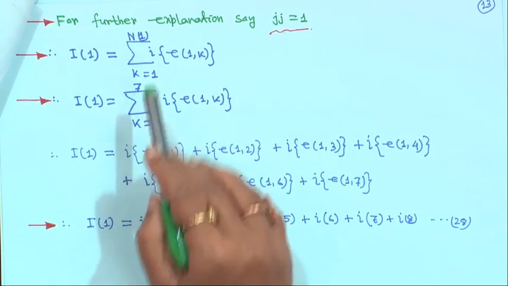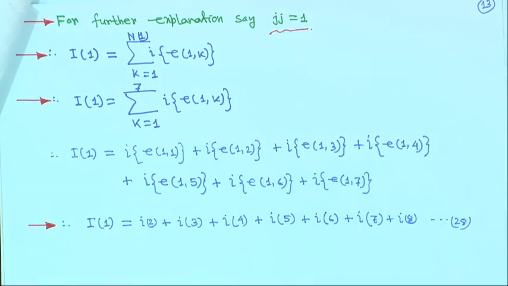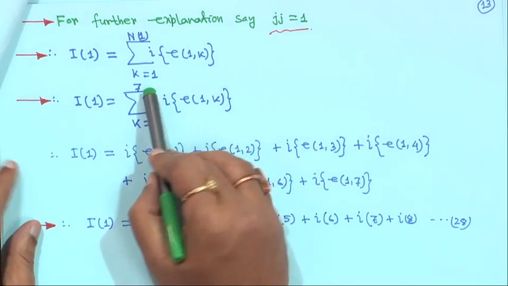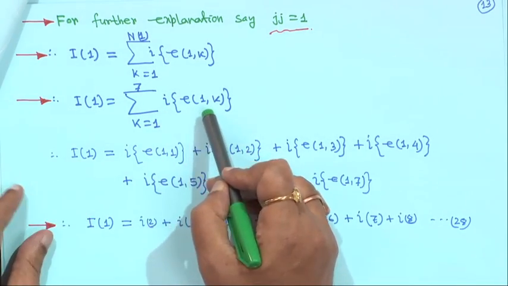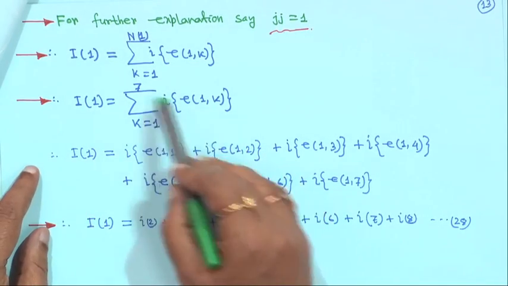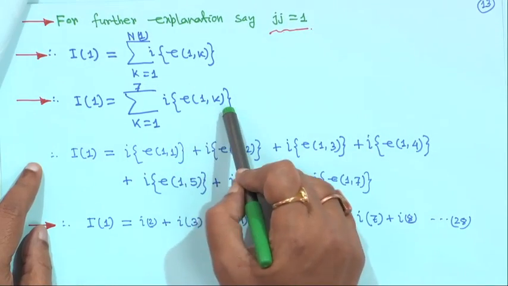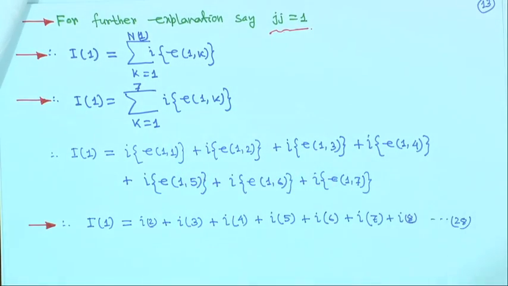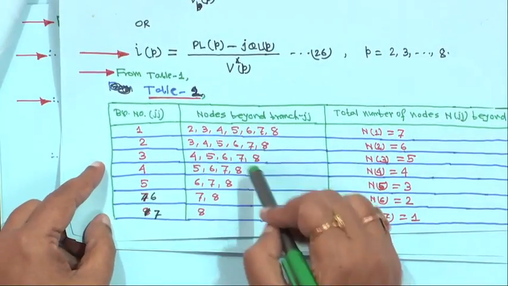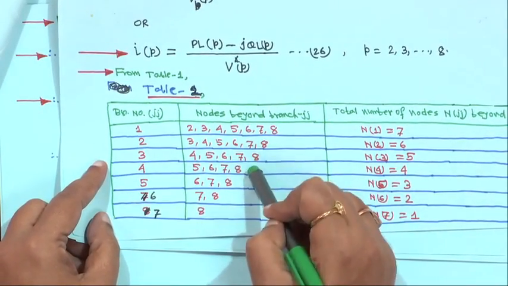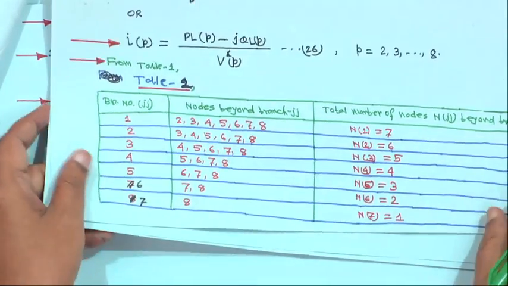We have seen from this table that N1 is given as 7. You put N1 here, it is equal to 7, and when jj is equal to 1 the matrix will be E1k, for branch 1. This matrix is already read into the computer as data, this data is known, right.